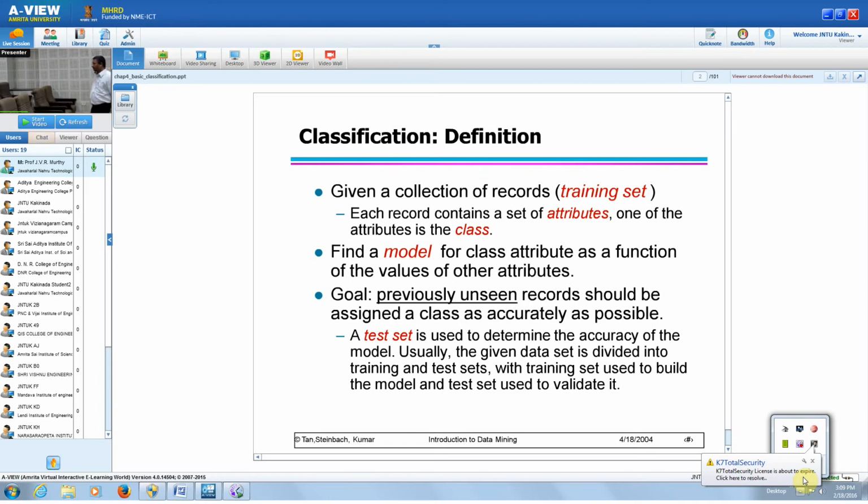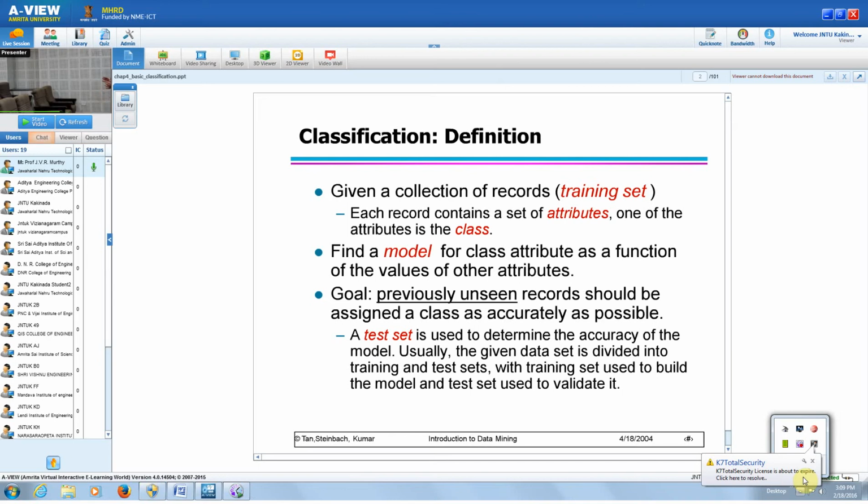Okay. Now what is this decision tree? I said we have arrived at the rules. Those rules are framed in this format. Then how to derive that tree is the concept of our classification.